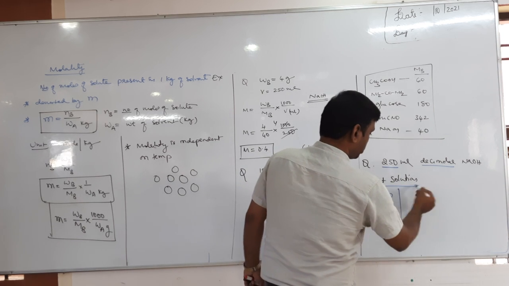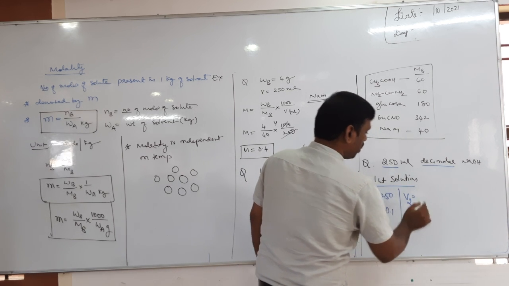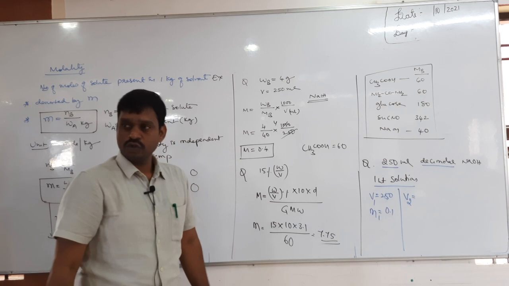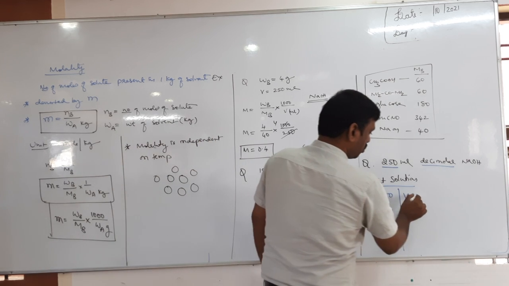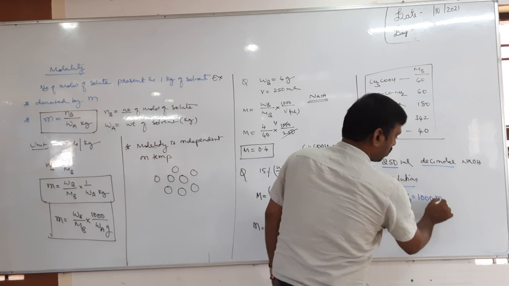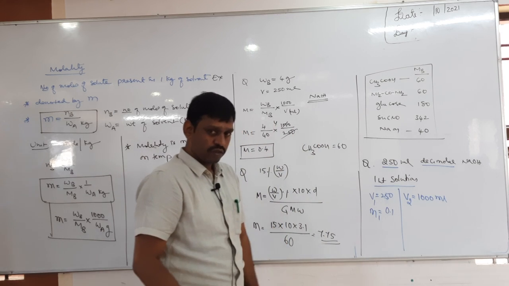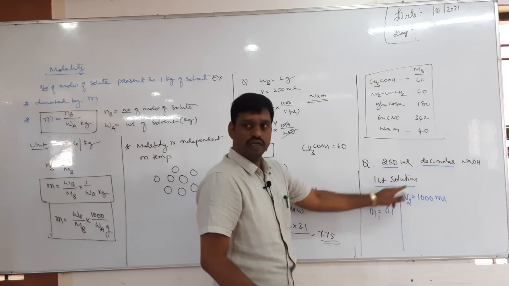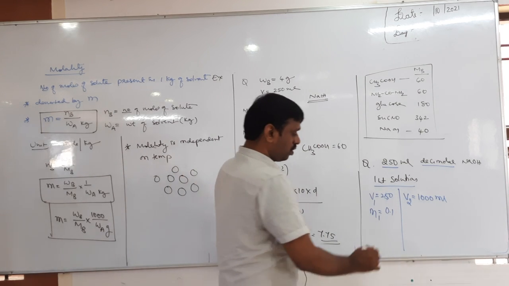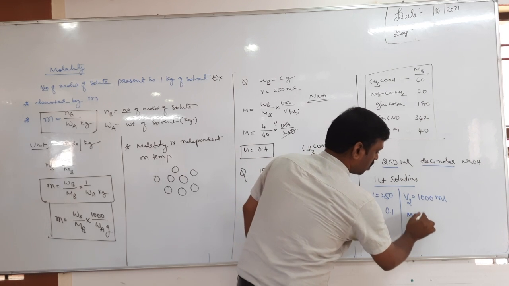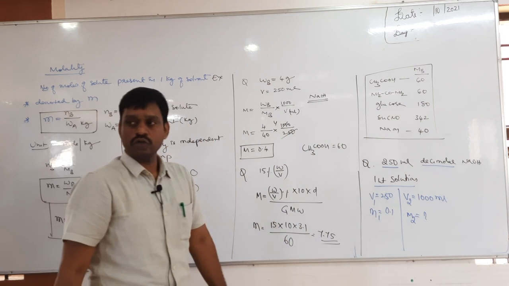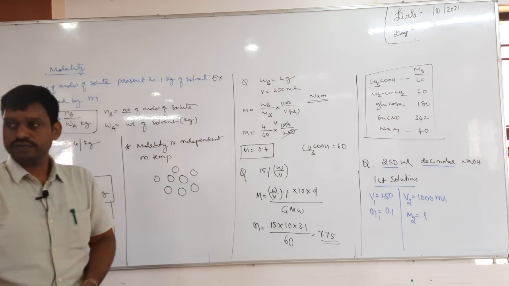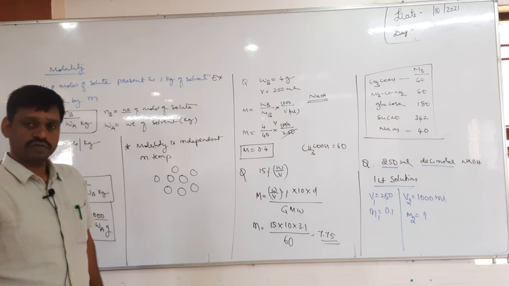The final volume is given as 1 liter, so we should take 1000 ml, because we have taken 250 in ml also. Then calculate the molarity: M1 V1 equals M2 V2. Calculate M2.